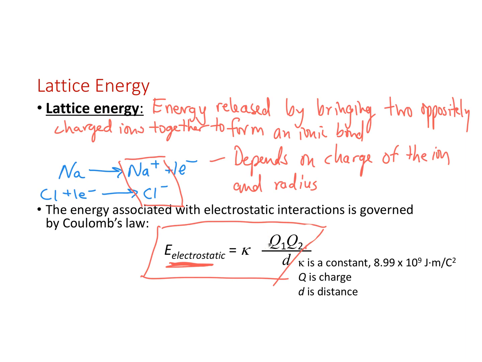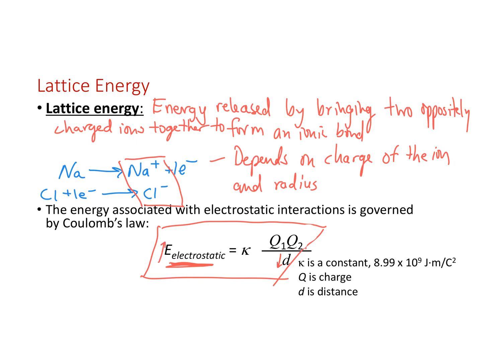Now, let's say I want to look at the distance. Let's say the ionic radius gets smaller, so my distance gets smaller. What's going to happen? I move those two ions closer and closer together. Think of two magnets. As those two magnets get closer and closer together, my electrostatic attraction is going to increase.